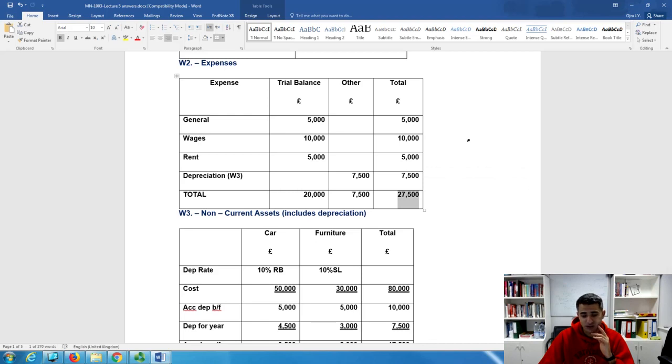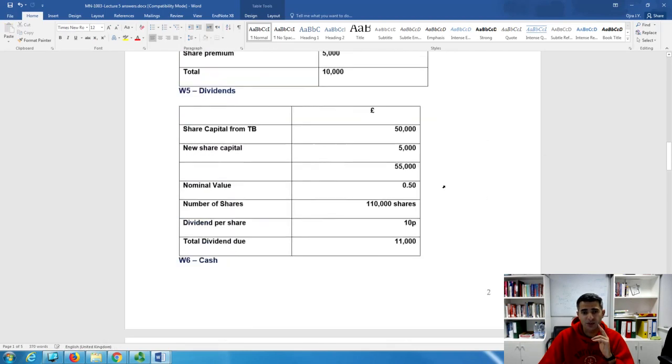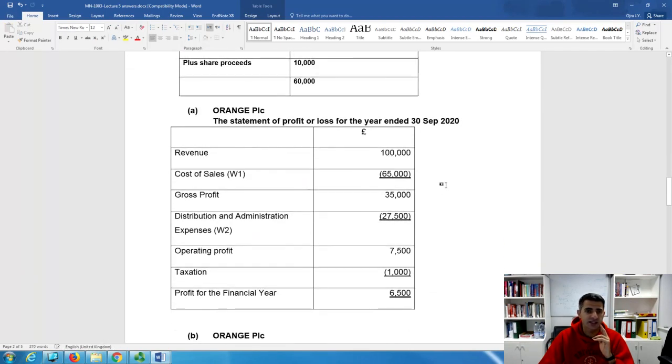And don't forget that total expenses should be included in the statement of profit and loss under the expenses. If you go to the statement of profit and loss, you will see the revenue minus the cost of sales, which we did in W1 if you remember, and this is the distribution expenses. That we did in working 2.